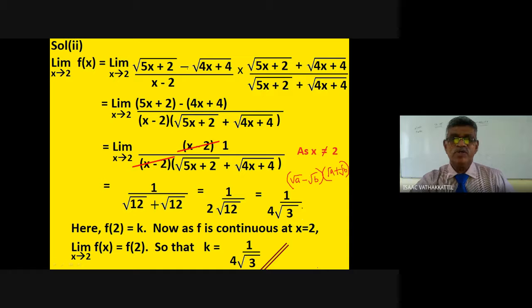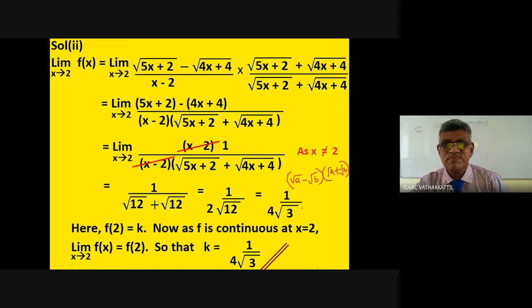Root a minus root b, numerator, the first step: I multiply with root a plus root b and divide with the same term. When I multiply, I have to divide. For root a minus root b, root a plus root b is called the rationalizing factor, which you studied earlier. Whenever you have root a minus root b, if you multiply it with root a plus root b, your numerator is now rational.